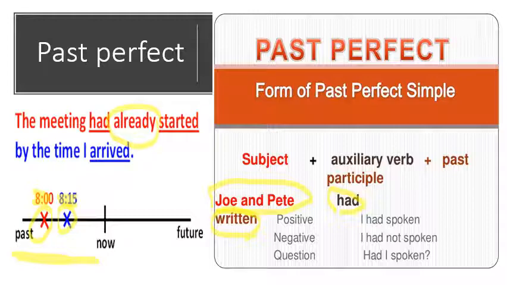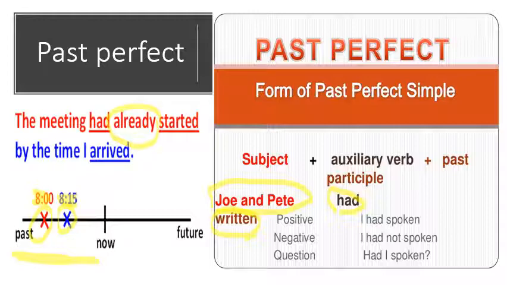These two crosses indicate that there are two actions that happened in the past. One of them is the red one, which happened at 8 o'clock, and the other one is the blue one, which happened at 8:15. So you see that the one in red happened before the one in blue.